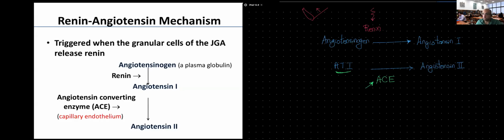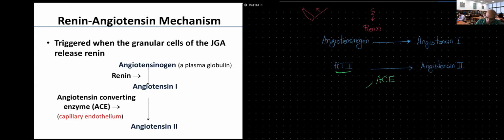What are ACE inhibitors doing? They are inhibiting the activity of the angiotensin converting enzyme, preventing the transformation of angiotensin I into angiotensin II, which is the active form of the hormone.